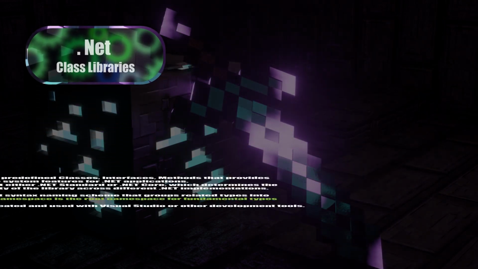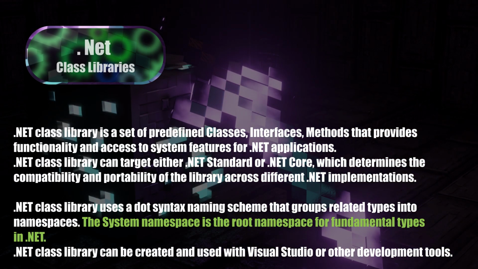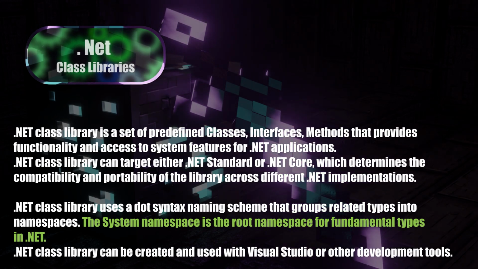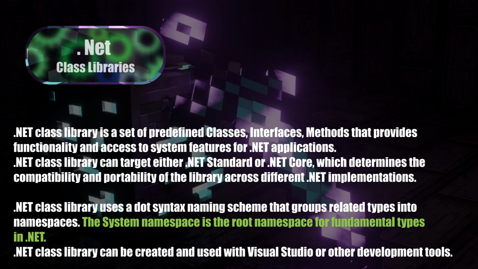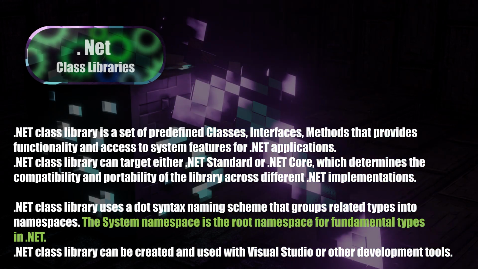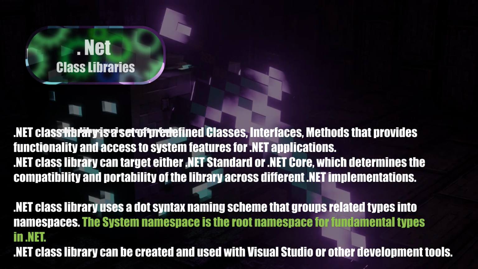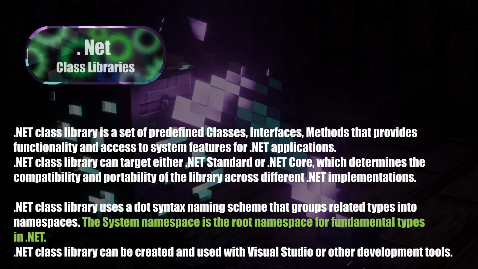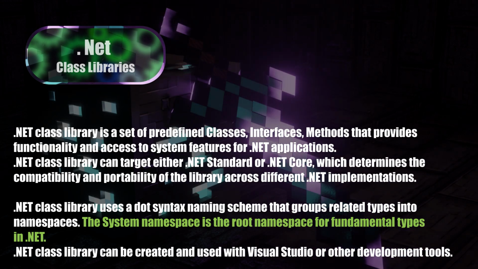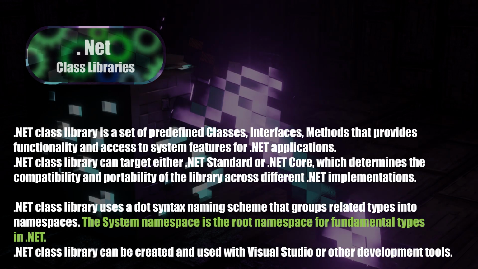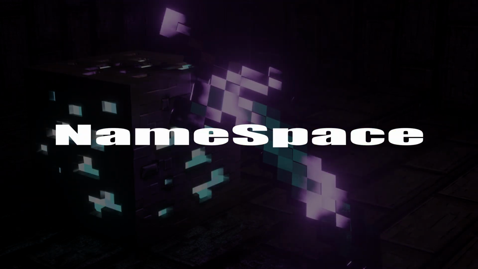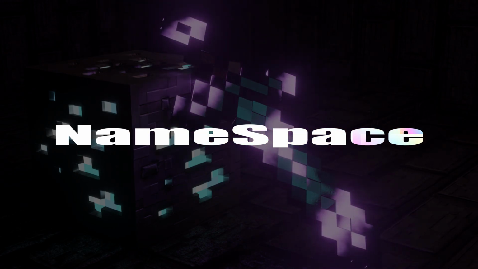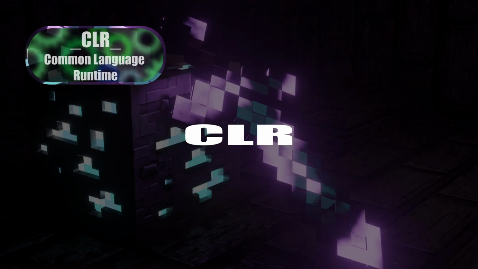Okay, if we talk about .NET Class Library, it's a set of predefined classes and methods which provides common functionality for .NET applications. It includes types of functions, data structure, user interface, and more, which we can use in our projects. Now these sets of classes and methods are called namespaces, and it's a similar concept to Java's package system.